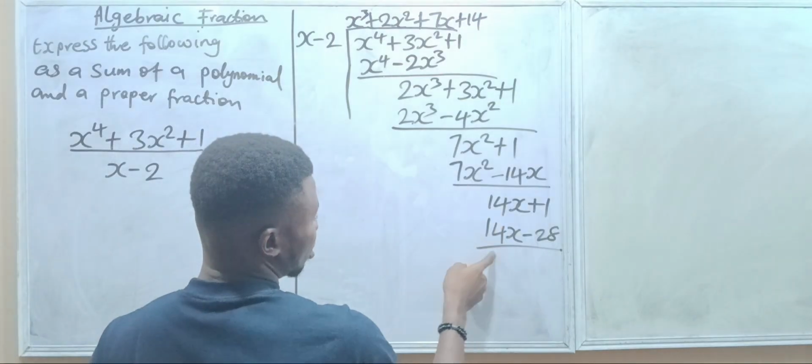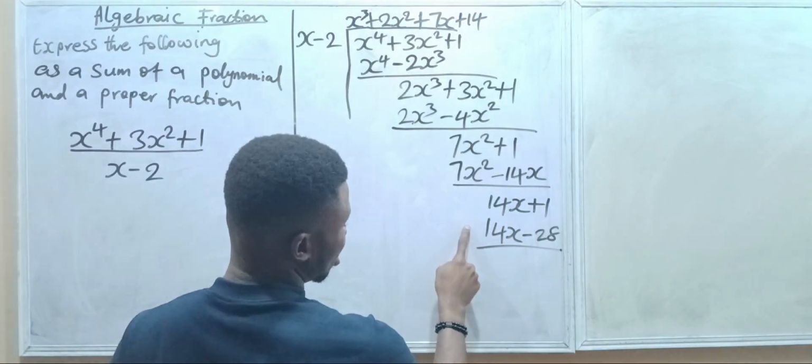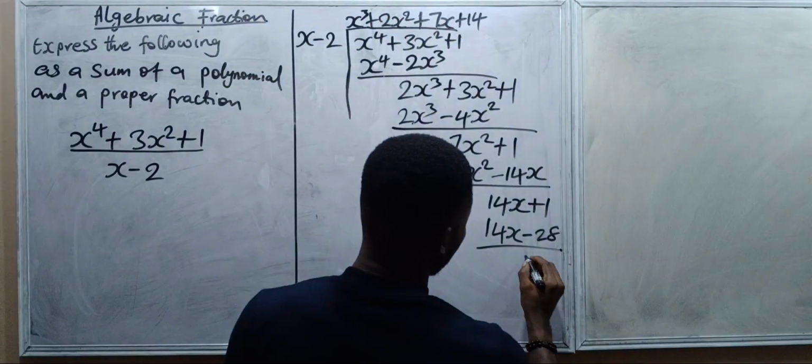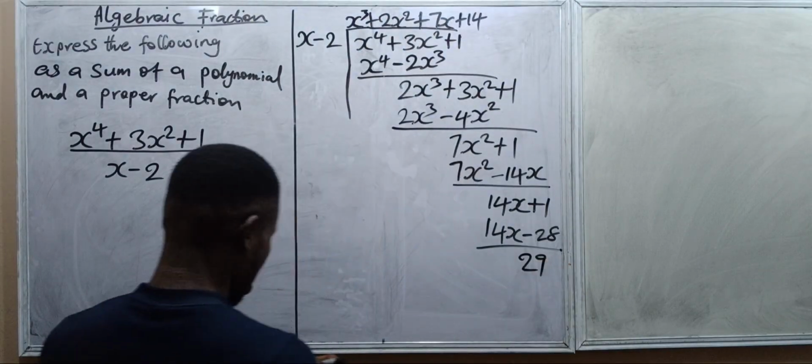This minus this is gone, and that minus here and this minus is plus. Now plus 28 plus 1 is what? 29.